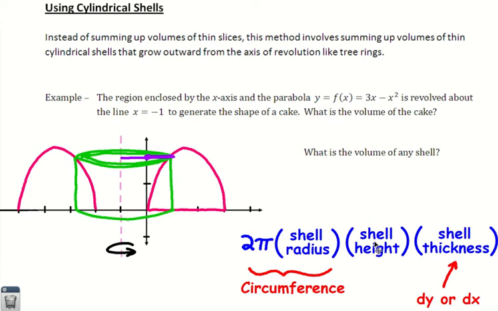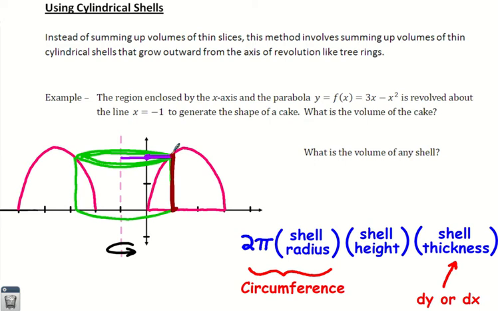It's the height that's going to get described using the function. So here's the height, which in this example is just going to go from the x-axis to the curve.